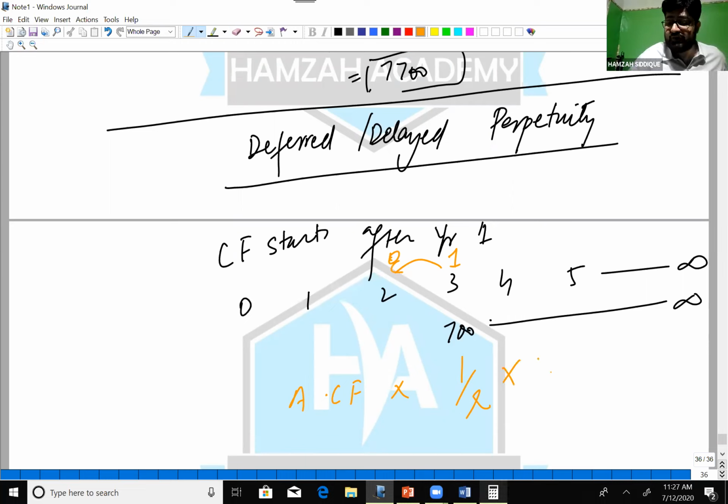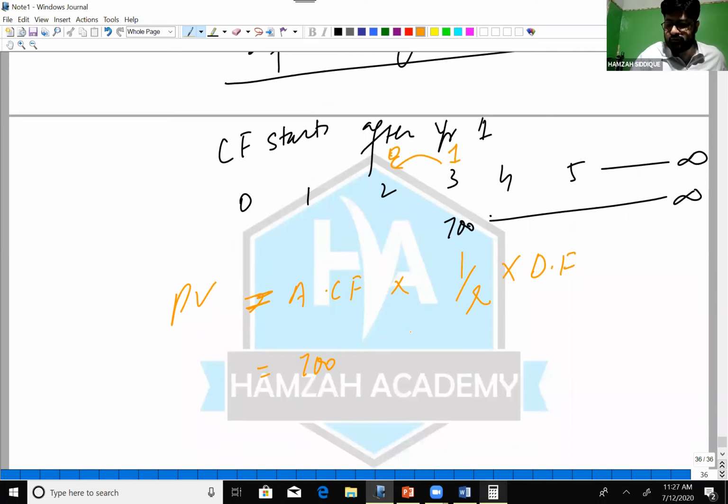Cross discount factor equal to present value. So you see here 700 cross 1 over R, 0.1, 2-year discount factor because it is falling in year 2, 0.826, and you can solve it very easily.